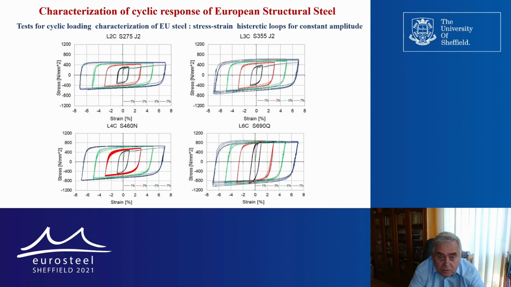Looking now to the results for constant amplitude loading, what is really surprising is to observe that both 2 high-strength steels, 460 and 690, have shown a really very good behavior.